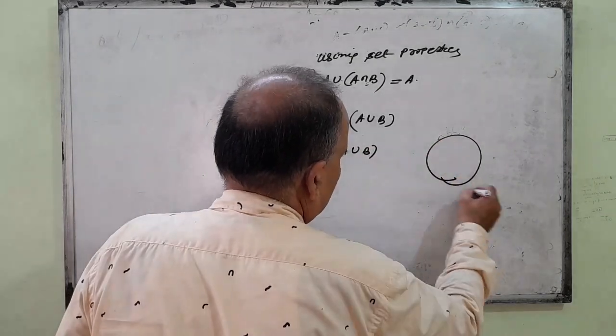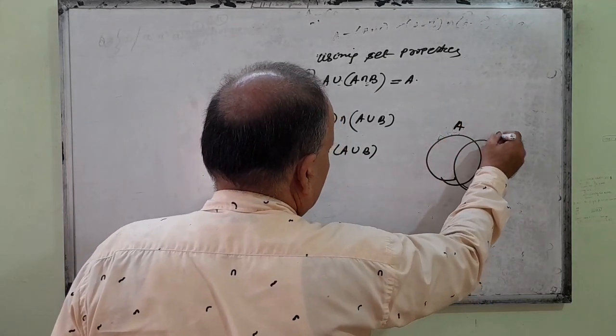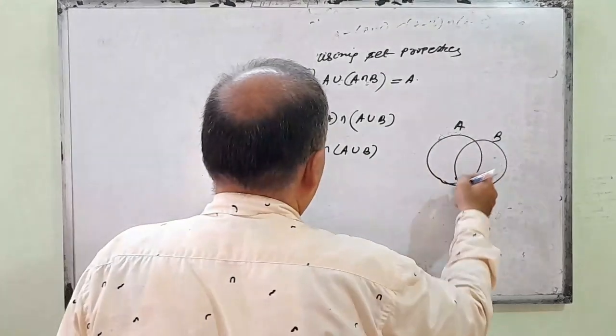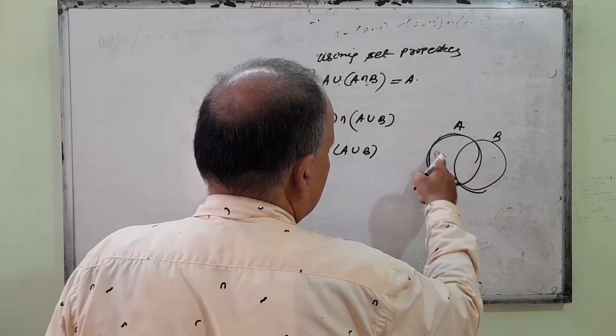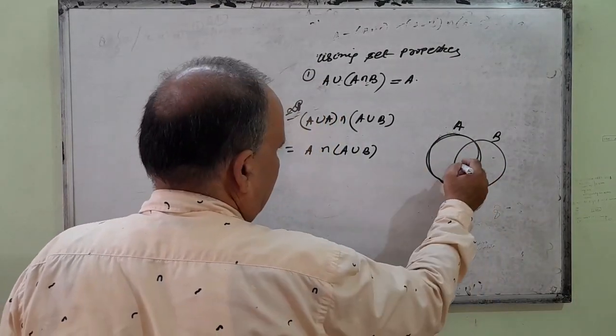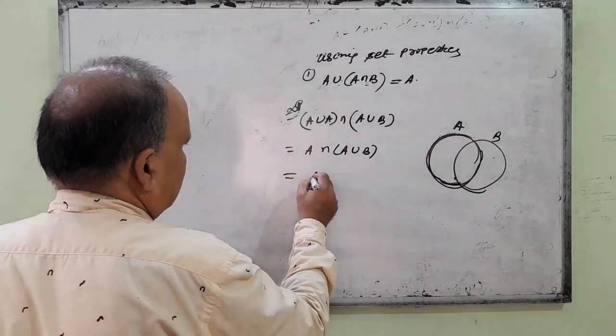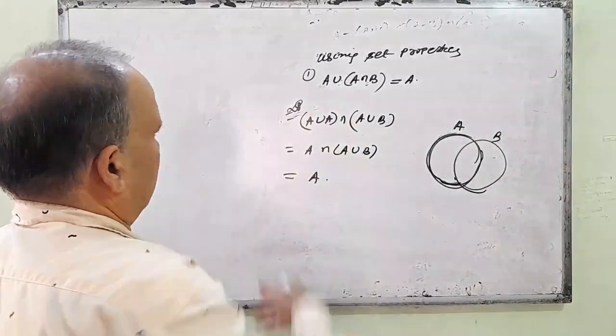Here this is your A and this is your B. This is A union B, and A intersection (A union B) is equal to A. This is our set property.